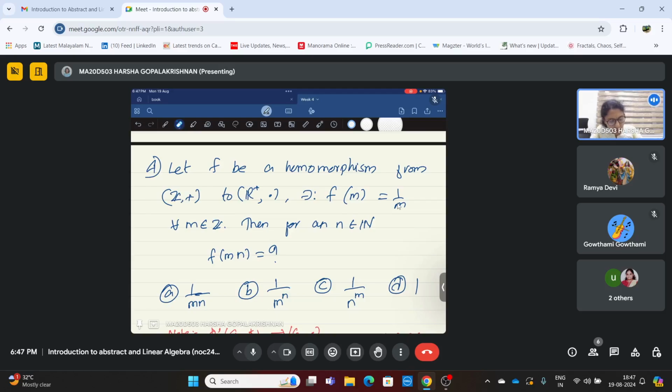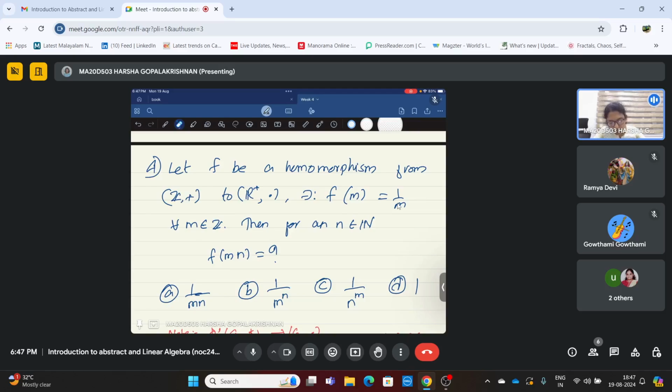So maybe for all m not equal to 0. Suppose this condition is there, so we will check for the m not equal to 0 condition only. Because when m equals 0, okay, sorry, that is fine there, because 1 by m is going to be an element from R plus dot, so it is not a problem.